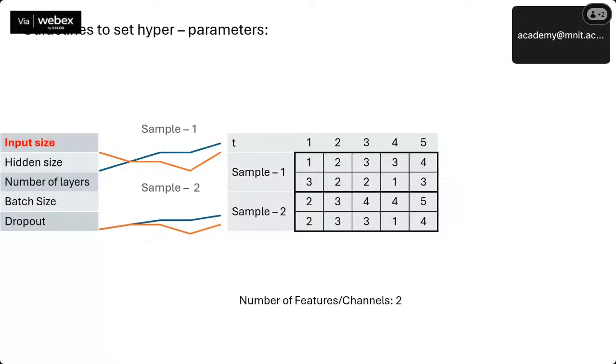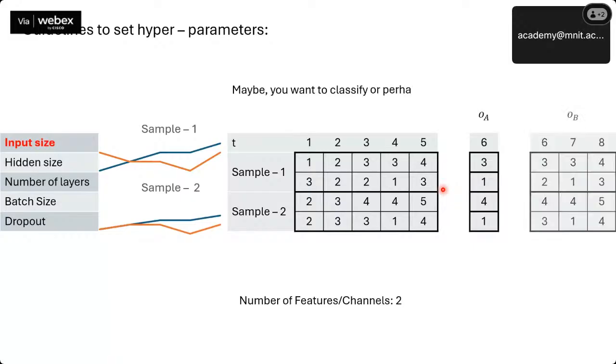The next hyperparameter is the hidden size. I think I talked about hidden size. Hidden size is, in the later layers, how much more depth you want to look into. Initially you had 2 channels. Later on, if I have very stochastic data like EMG data, I want to see it with more clarity.